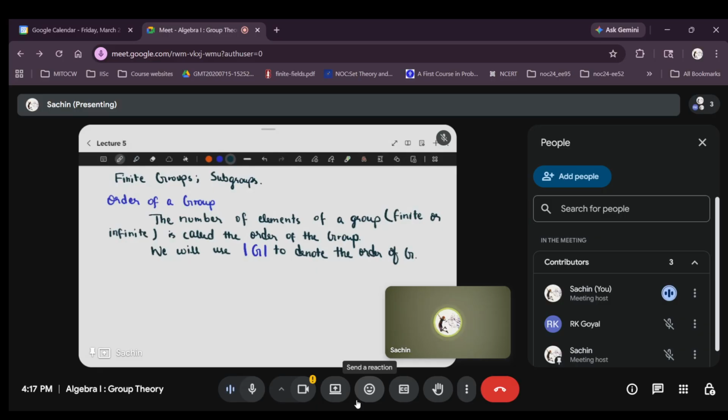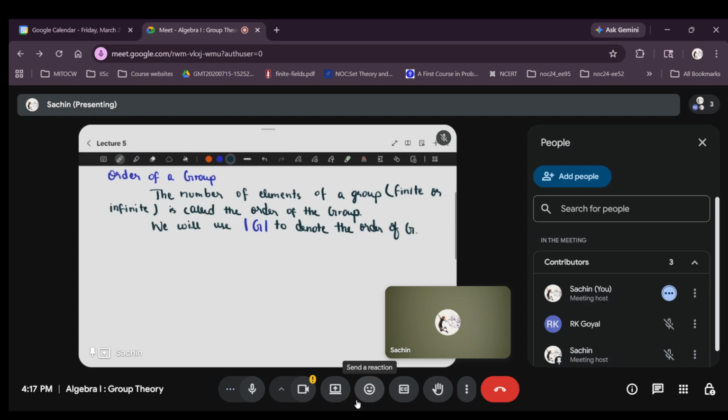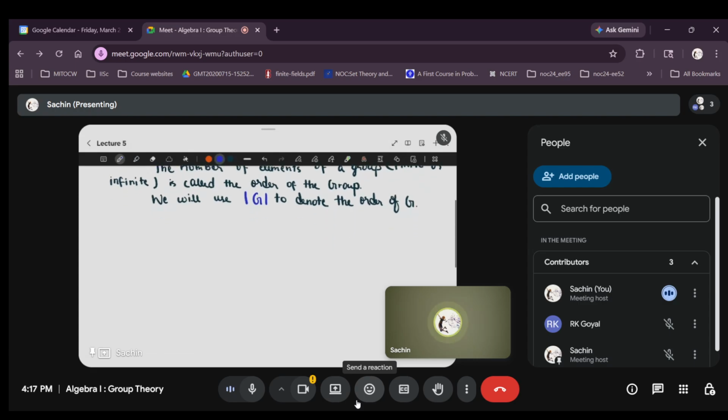This is defined as the number of elements of the set, and that's also denoted by the same symbol. But here, instead of calling it cardinality, for a group we call it the order of the group. That is for a group, but there is also a notion of order of an element.